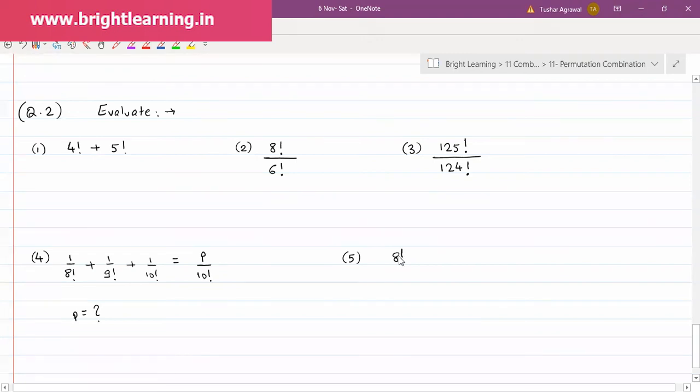Fifth, 19 factorial plus 20 factorial plus 21 factorial is equal to x multiplied by 19 factorial. x is equal to question mark.